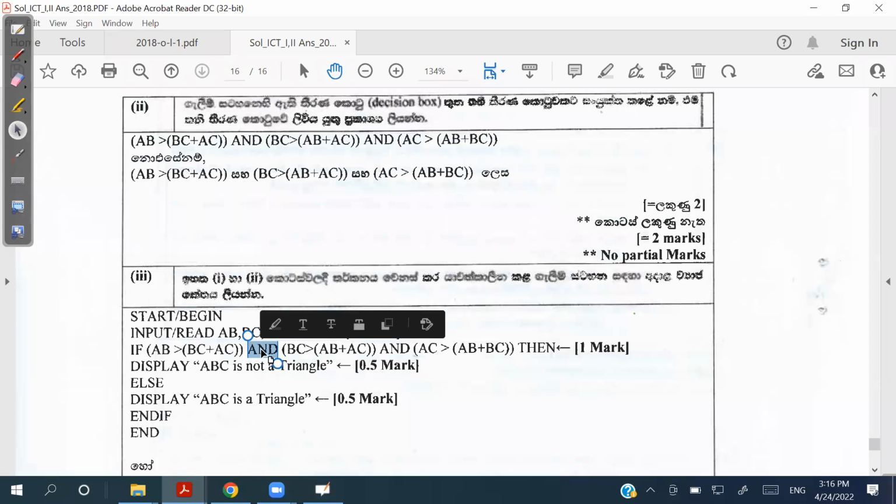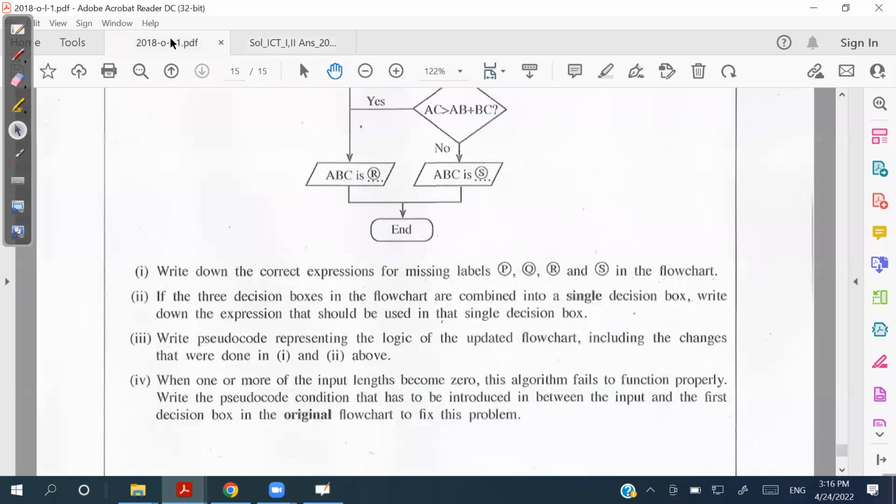And it's easy for us to display. So even in the flowchart, they got 2 displays. One display is about saying that it is not going to be a triangle, and one is going to be a triangle, right? We have discussed those earlier, so it goes the same way.